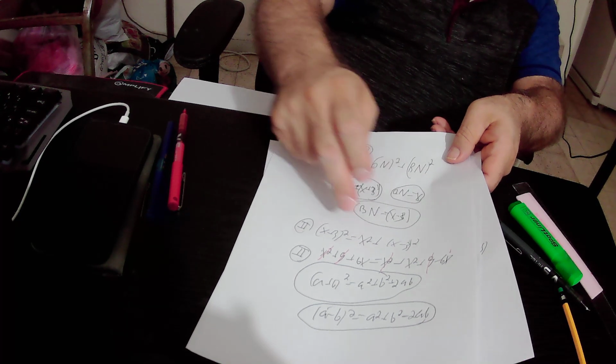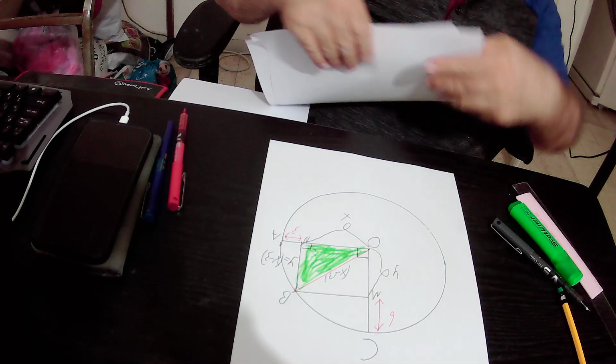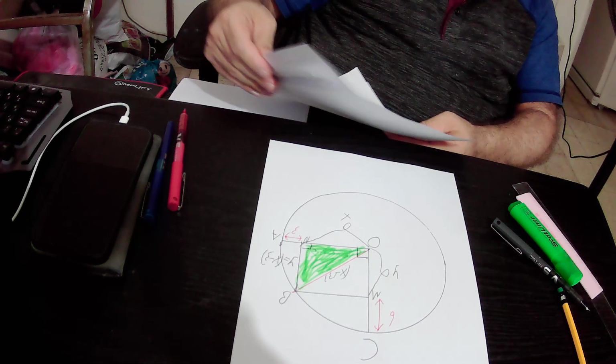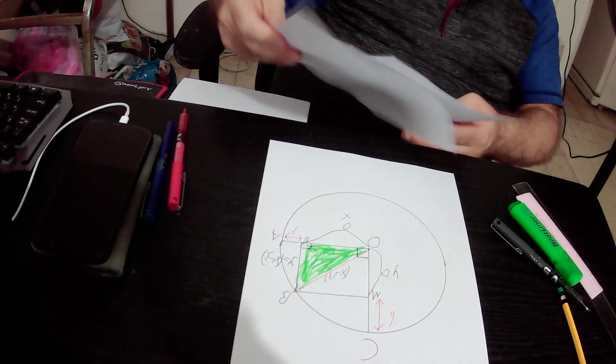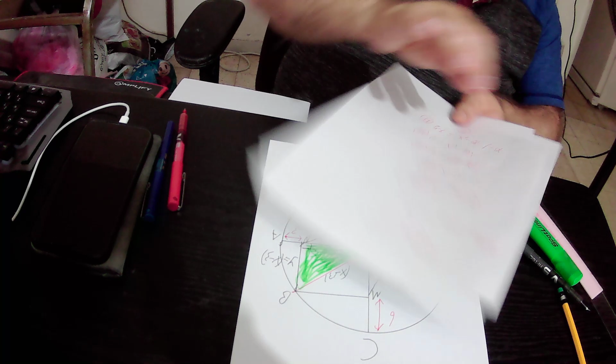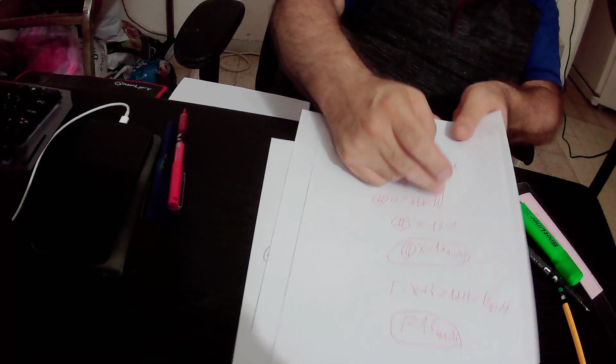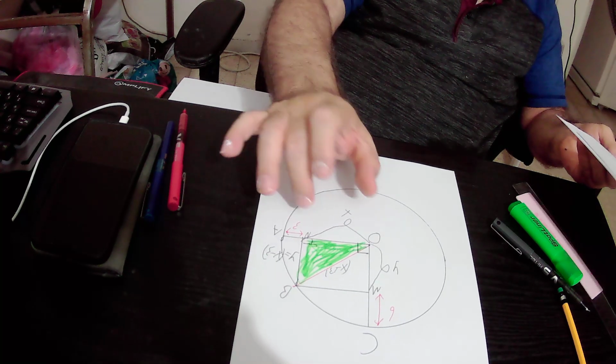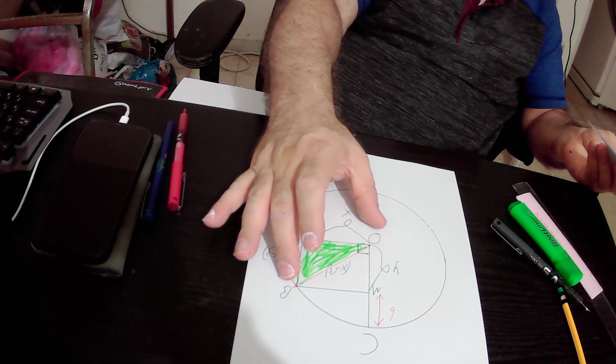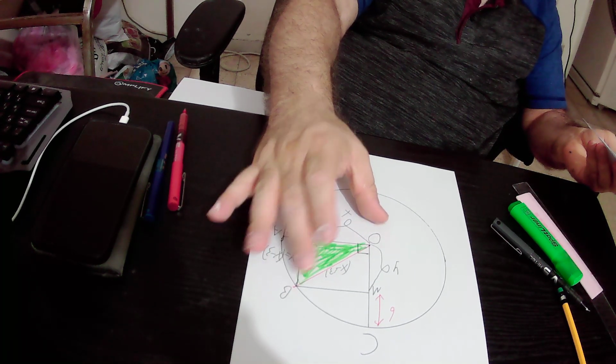We solved this equation and we got to the final result that actually x equals 12 units. So we know that x equals 12 units, but the radius of the circle equals x plus 3.